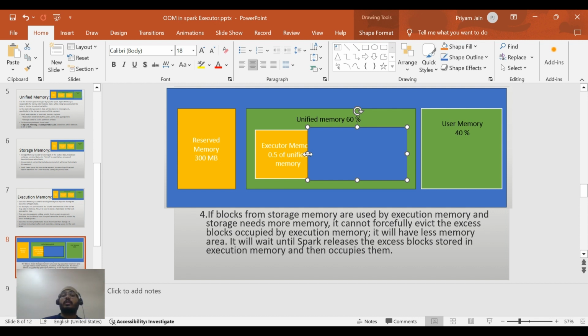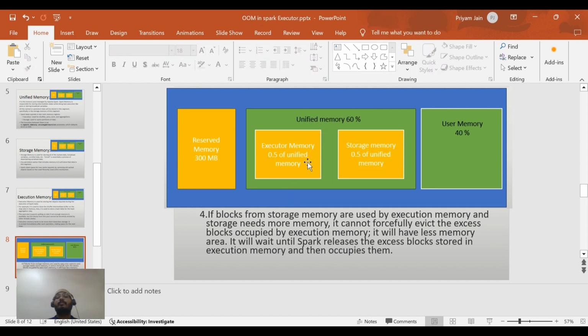So suppose it is currently working on like 30% out of this 50%, and it requires the whole 50% of data. Then it will just push out the storage memory data. I've already explained the LRU concept, right?